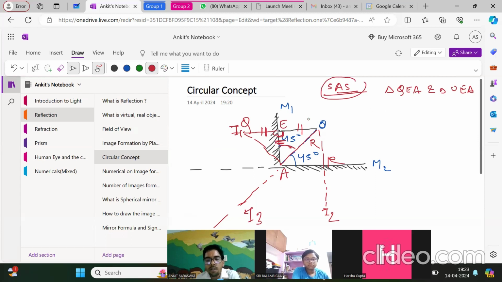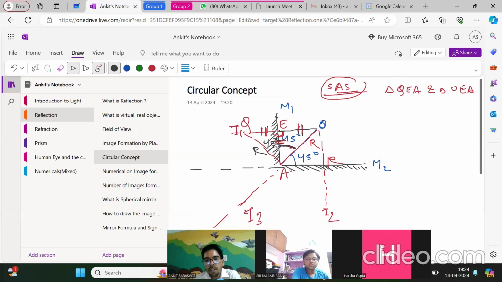If these two triangles are congruent, then if this is 45, this is also 45. Clear? Yes, sir. And if this is equal to this, this is equal, A is common, then can I say this is also R? Yes, sir.